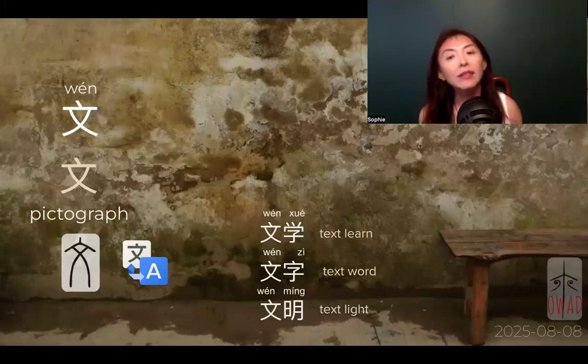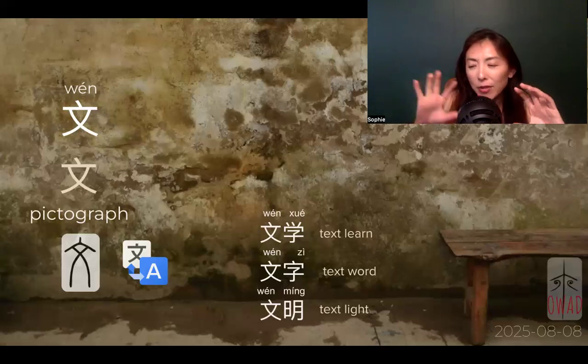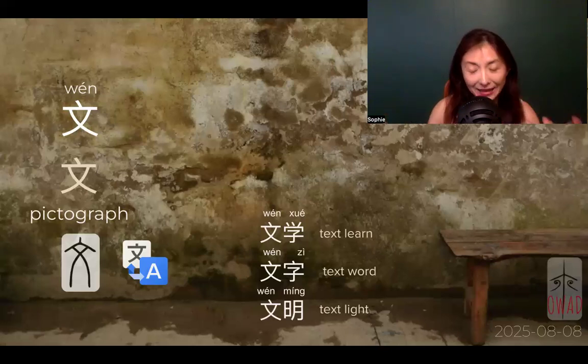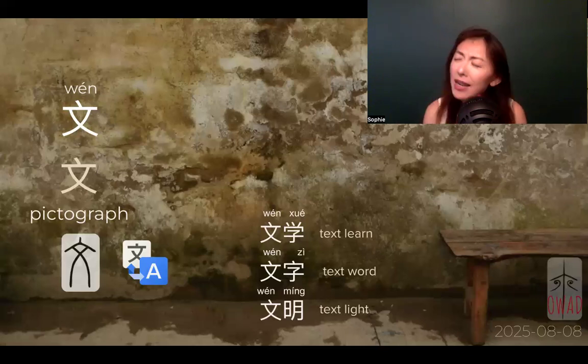Okay, 文明, 明 means light. And when you shed light through text, like a text illuminates, that's civilization. And the Chinese translation of civilization, I can buy that, because what is history?